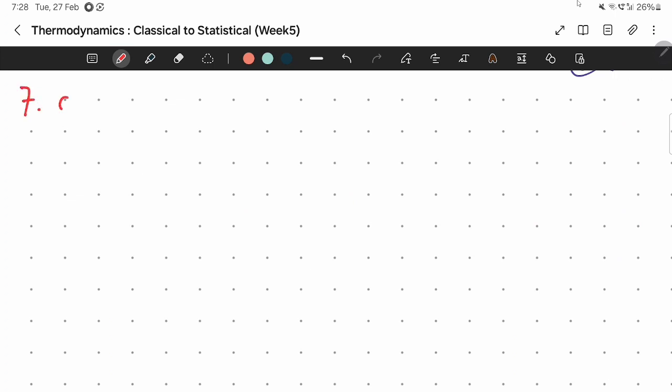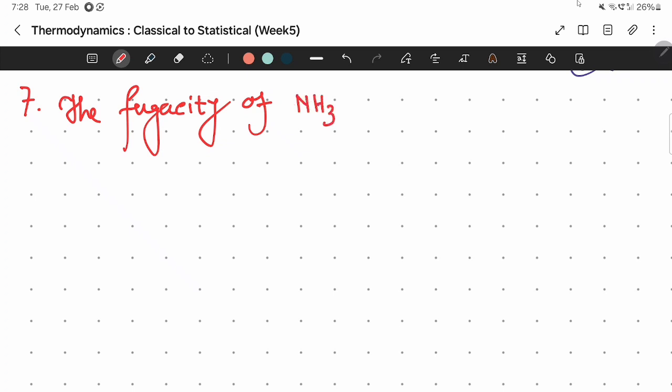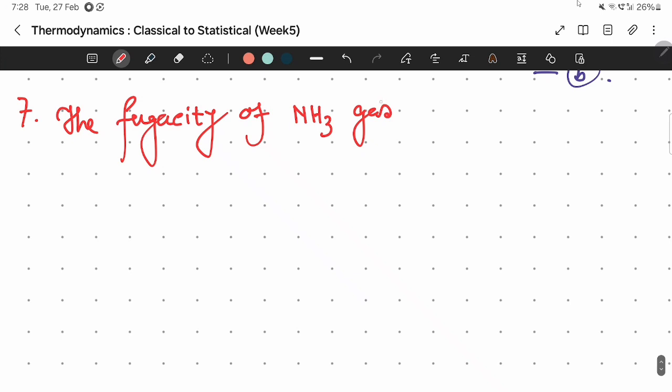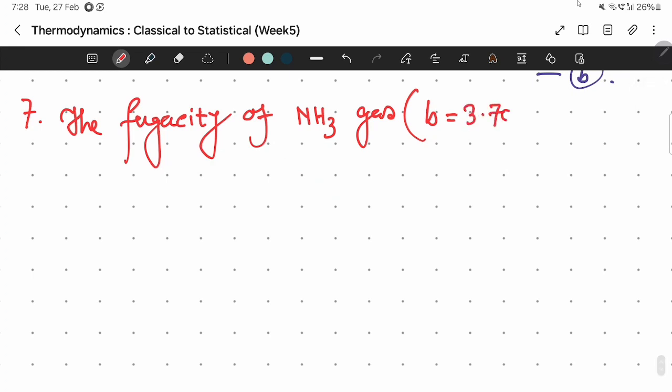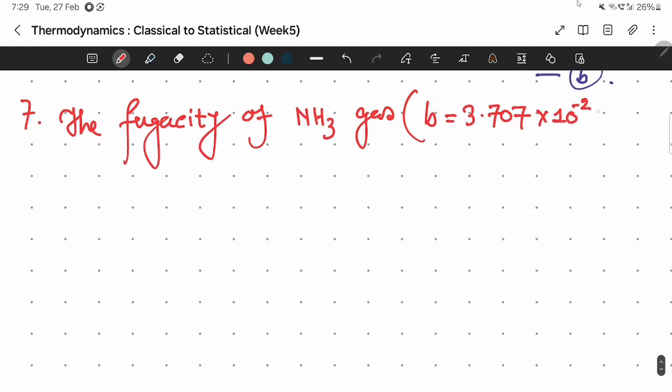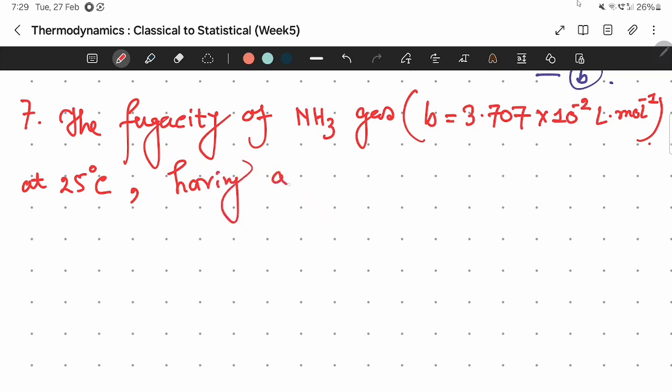The fugacity of ammonia in steam gas. A and B are the Van der Waals gas constants, and B is given in liter per mole, at 25 degrees centigrade, having a true pressure of 10 atmosphere.